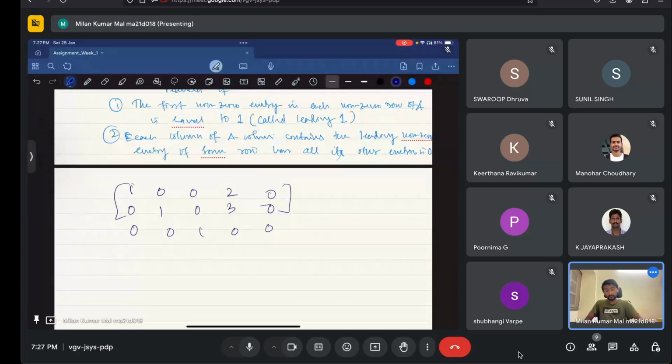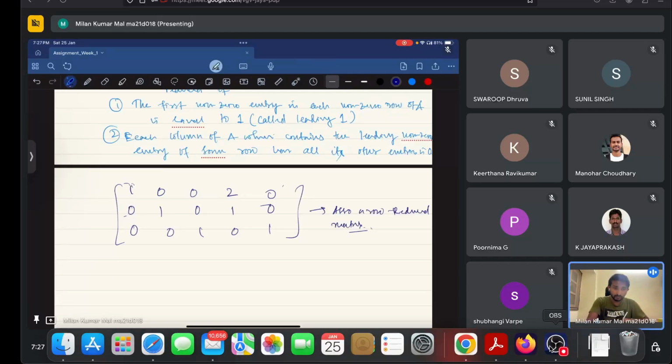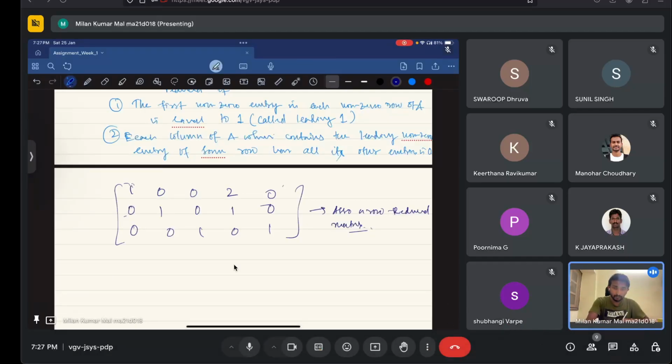Suppose we have this matrix, with 1 here and 1 here. This is also a row reduced matrix. Why? I am writing this type of example to make clear what row reduced means.